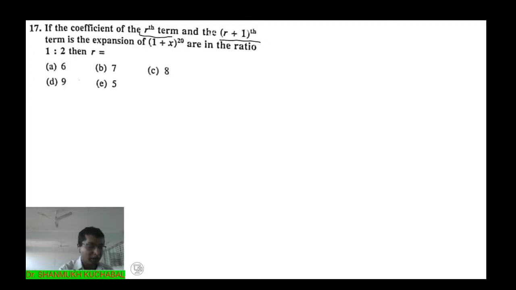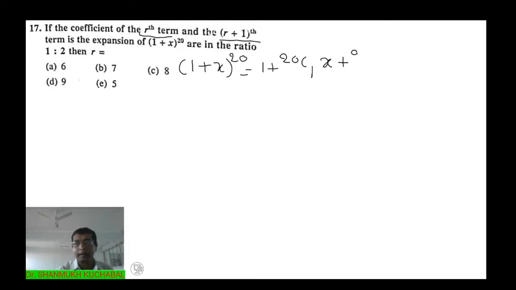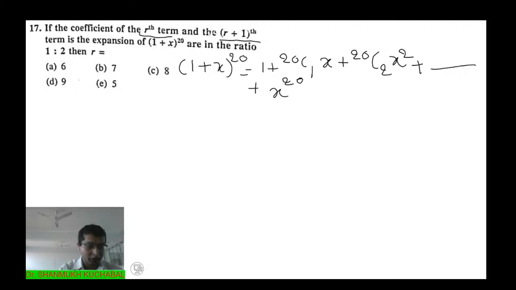So the expansion is 1 plus 20C1 x, next 20C2 x square, and so on, up to the last term x raised to 20. Now we'll take the ratio.